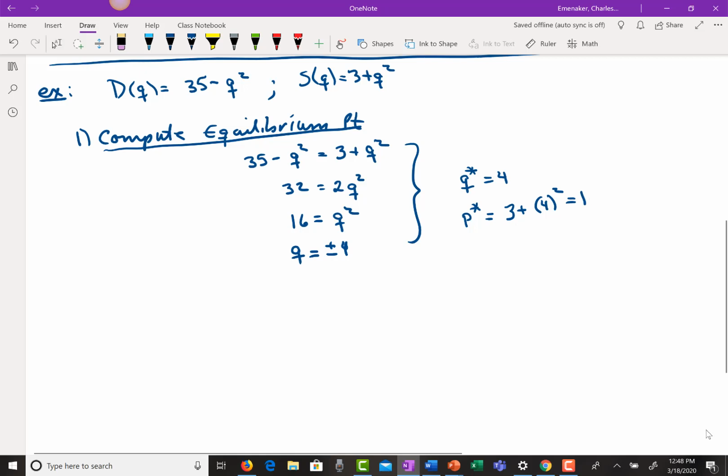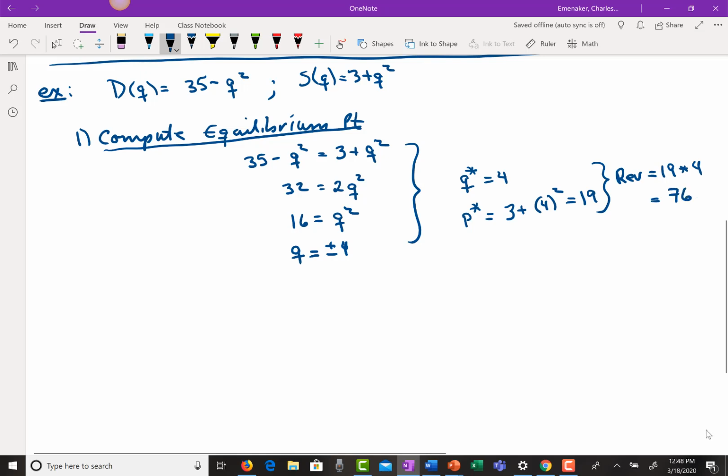Speaking of not making a mistake, we get that the selling price is going to be 19. The number of units sold is going to be 4. This information can then be used to compute the revenue, which is going to be 19 times 4, and 19 times 4 is 76.